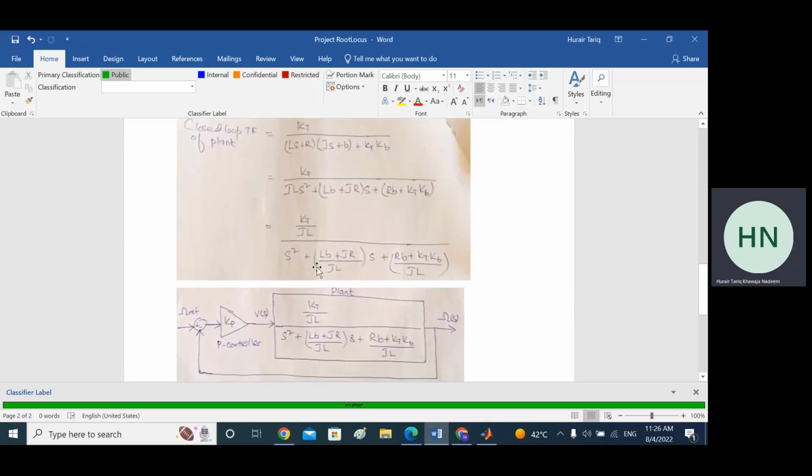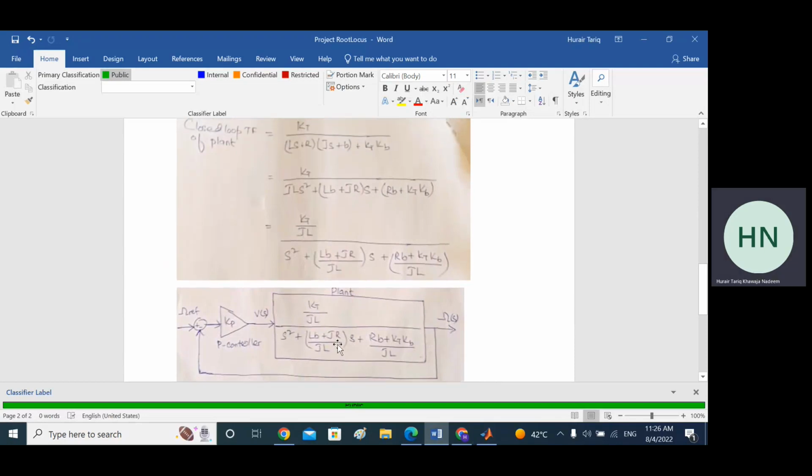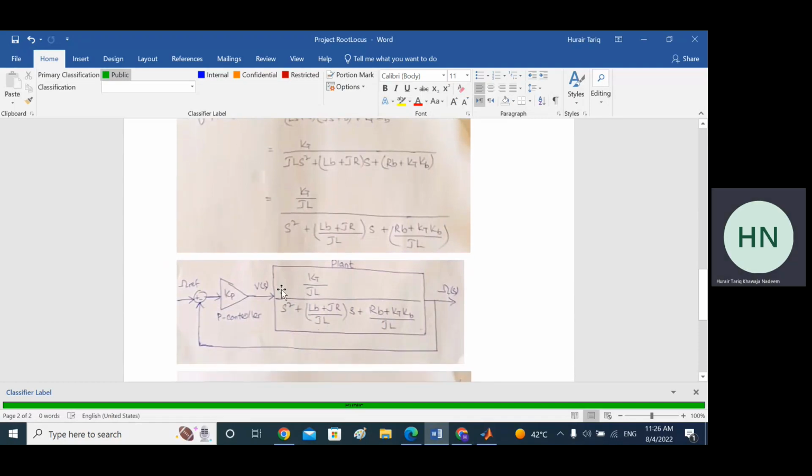Now this is actually the plant, and of course this plant has got an inside loop. That's why I have called it closed loop, because it has got an inside loop. But this is the plant and this is the P controller, which is KP, and again we are going to have a feedback in this system.